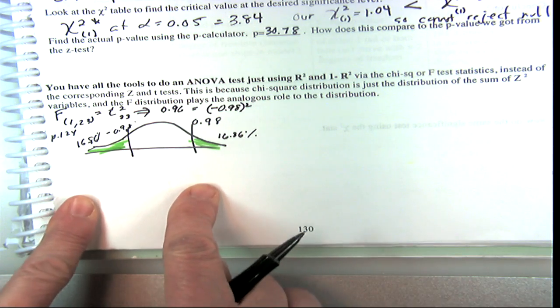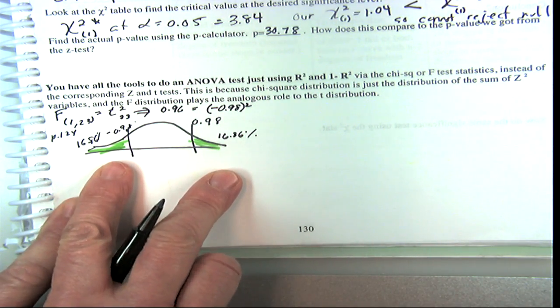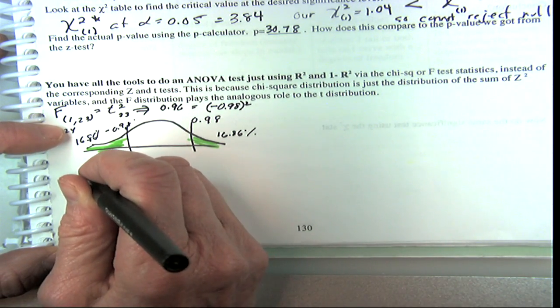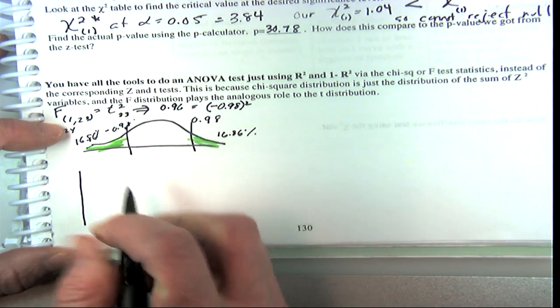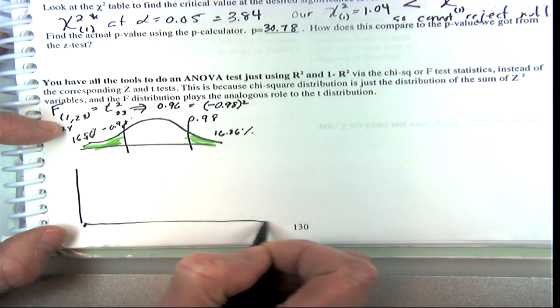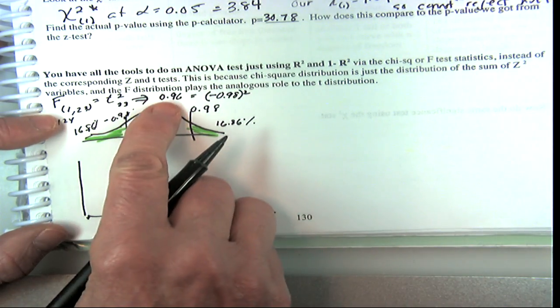And then I'm saying that that is going to be the same as this F statistic, like this, where we got 0.96.